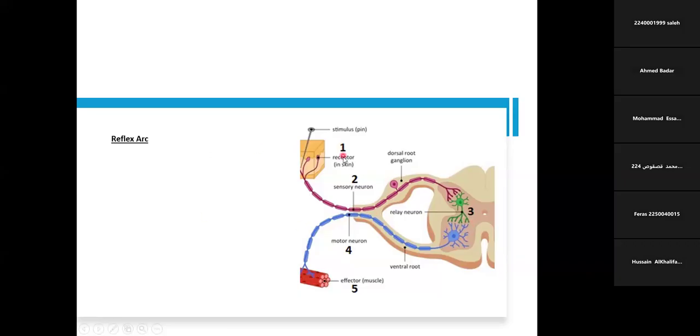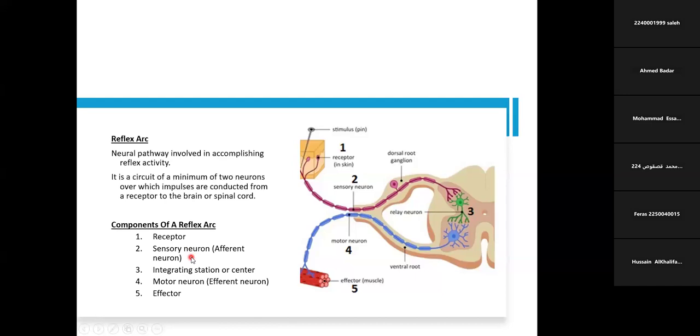So first, what is 1, what is 2, what is 3, what is 4, what is 5? So we have got the receptor, we have got the sensory neuron, which is also called afferent neuron. We have got the integrating center or the spinal cord, and we have got the motor neuron, and finally, we have got the effector. So this is called a reflex arc.